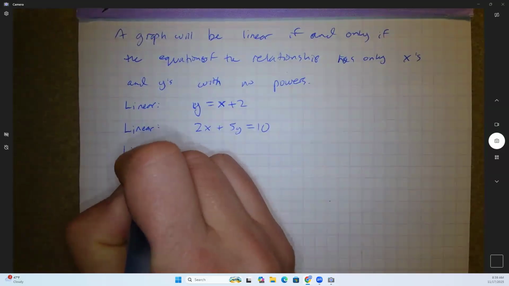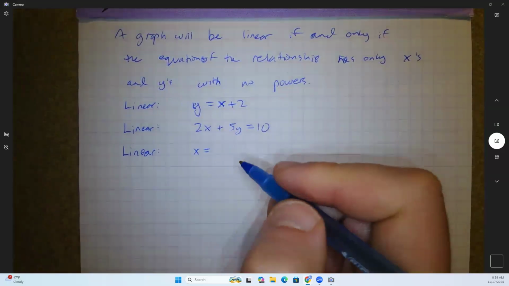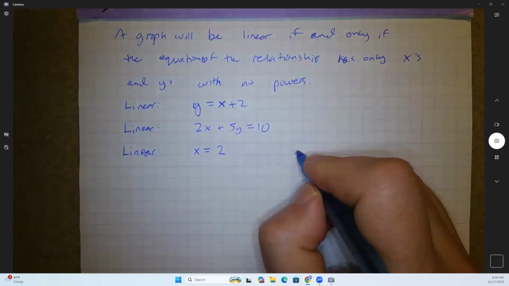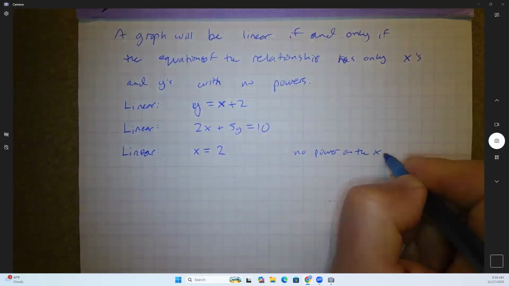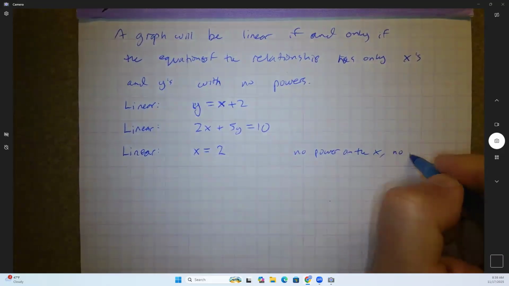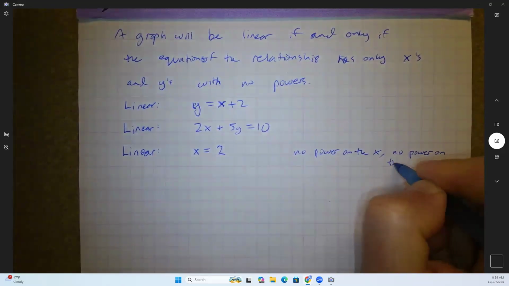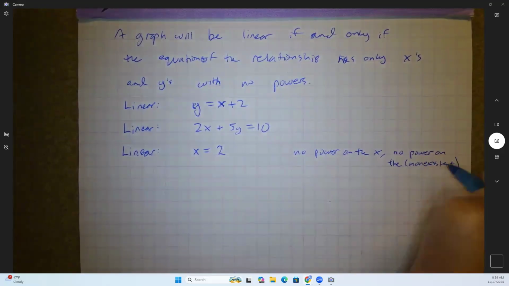You don't have to have both x's and y's, actually. I could have x equals 2. Right? No power on the x. Since there isn't a y, then there's definitely no power on the non-existent y.